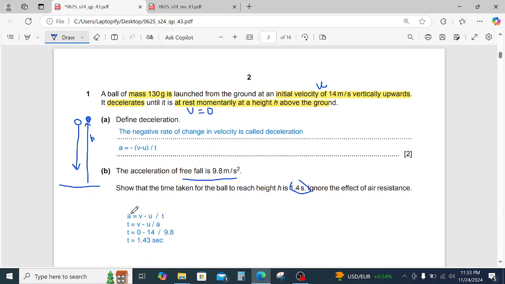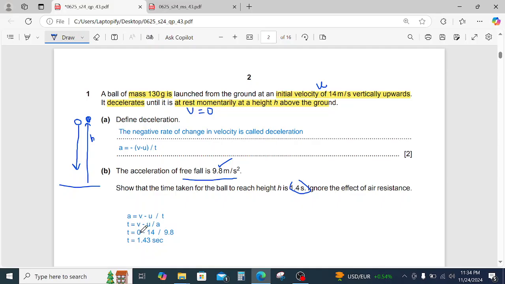So apply the formula. Acceleration is equal to v minus u over t. v is final velocity, u is initial velocity, t is time taken. You have to find the time, that is 1.4. You have to show this. Here it is given that the value of acceleration is 9.8 meters per second squared. So rearrange the formula, interchange a with t, and apply.